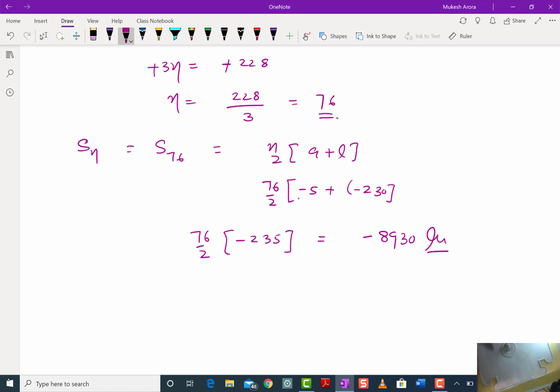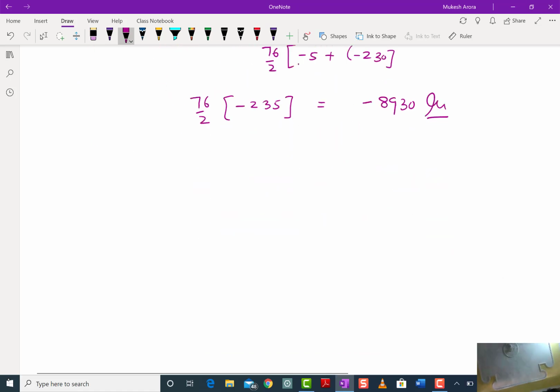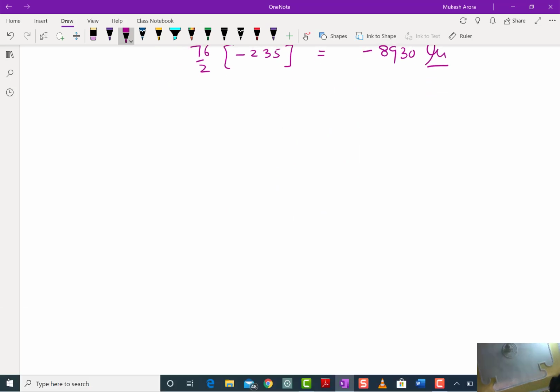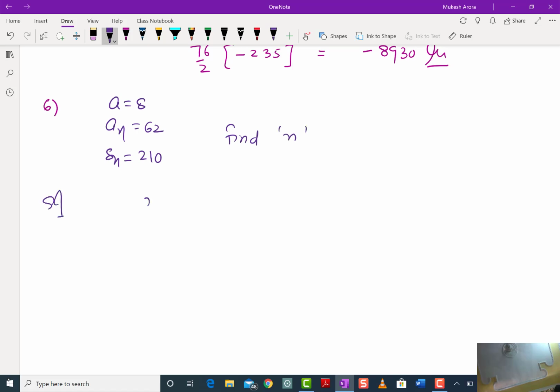Next sum: a is equal to 8, an is equal to 62, Sn is equal to 210. Find n. So an is equal to a plus (n minus 1) d is equal to 62.